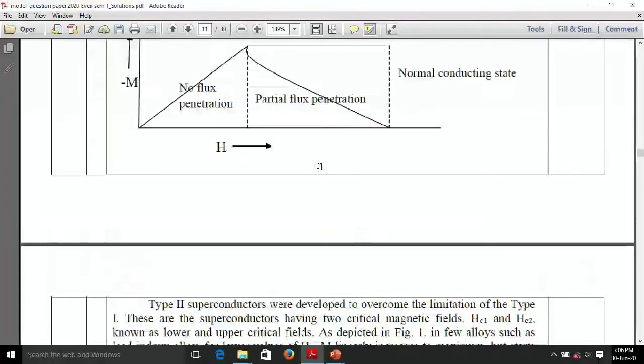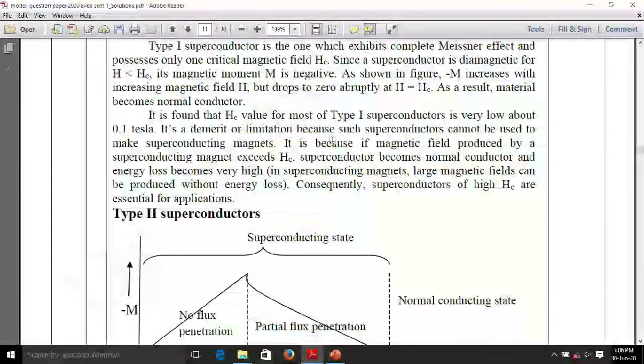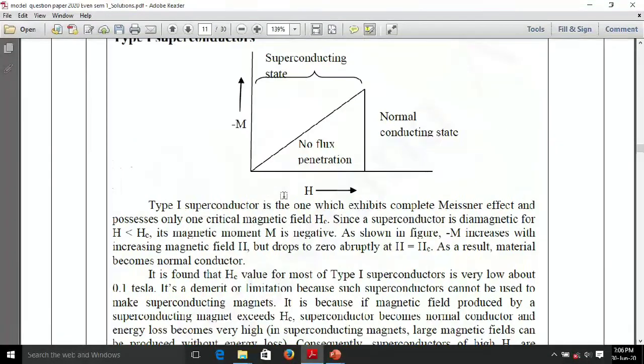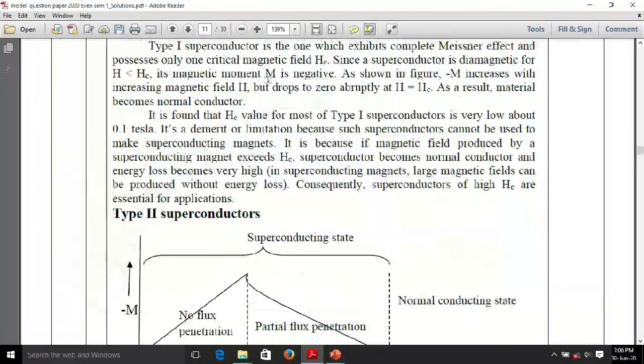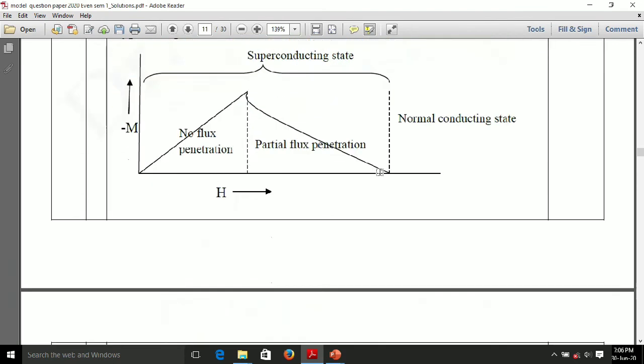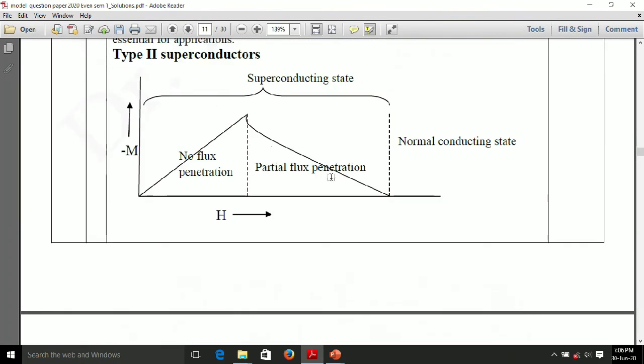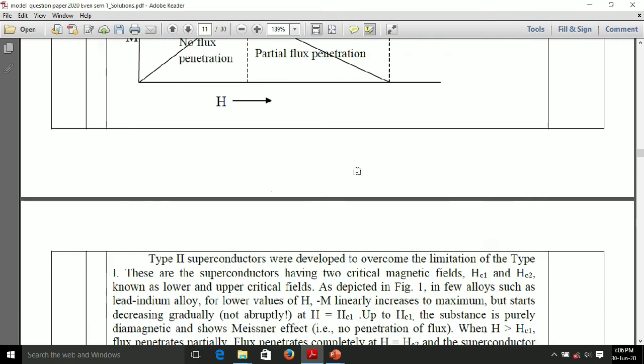And it is acceptable even if you write a table to show the differences between type 1 and type 2 superconductors. I have written the answer in the form of paragraphs. You can even select the important 5-6 points for each superconductor and write them in a table, one column for type 1 and another column for type 2. But these diagrams are essential.